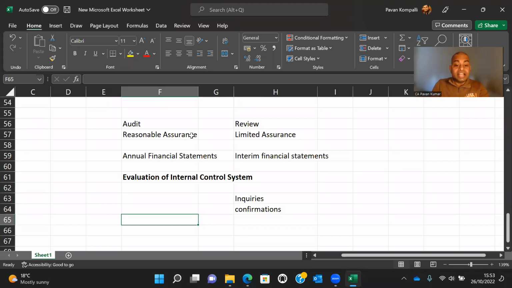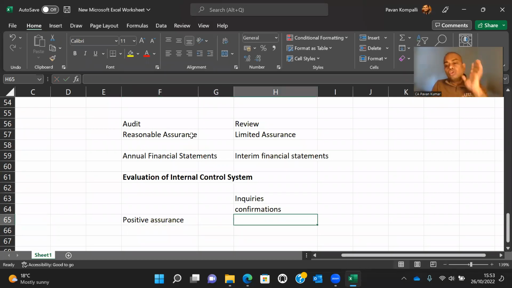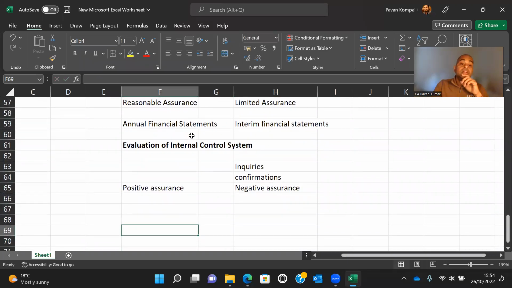Another thing is, in case of audit, you give positive assurance. In case of review, which assurance will you give, positive or negative? Negative assurance. Why?